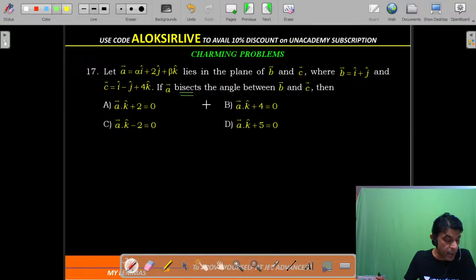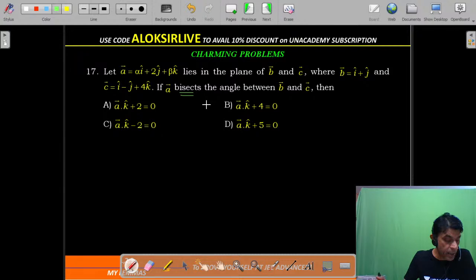It depends, because they just said bisector, and moreover 2 is there, so it won't always come, right? So b unit vector is 1 by root 2 of (1, 1, 0). C unit vector is 1 by root 18 of (1, minus 1, 4). Bisect b and c, so I can write here b plus c.